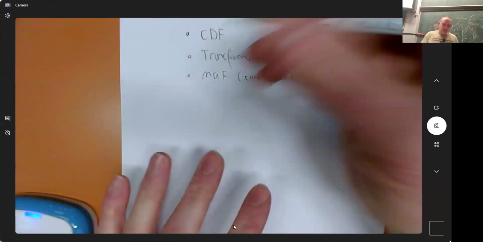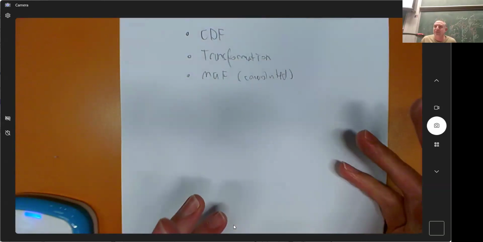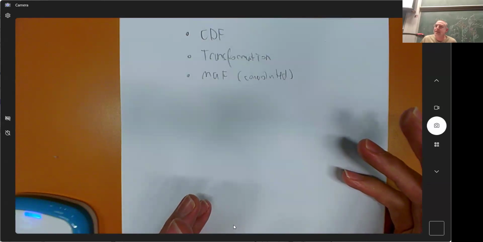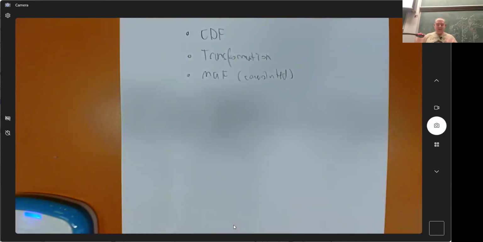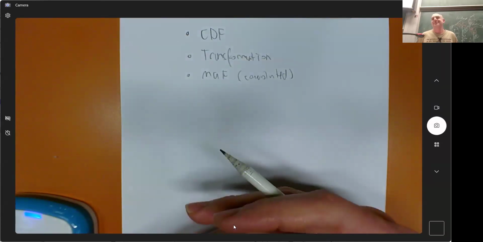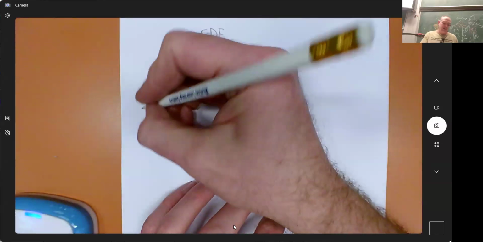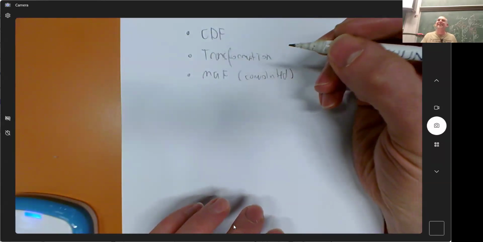I only know how to do this through example, and then I can kind of abstract the method, and then I'll be able to try and remember the transformation method.